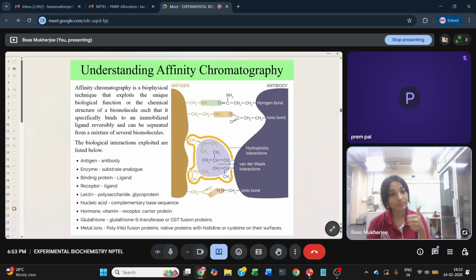For example, there can be hydrogen bond interactions, ionic bond interactions, hydrophobic interactions, van der Waals interactions, etc. So in nature, there are a list of things that interact with these very special interactions with their counterparts. These interactions are taken into consideration for this particular type of chromatography technique design. So affinity chromatography is a biophysical technique that exploits the unique biological function.